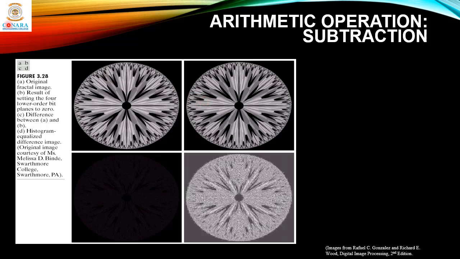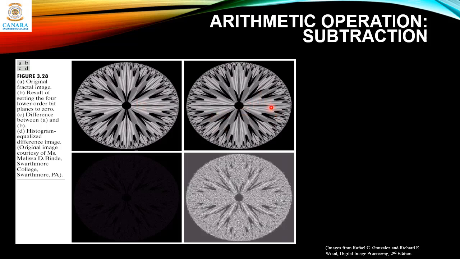So let us see the application of subtraction. This is the original input image, an 8-bit fractal image, and if you set the 4 lower order bit planes to 0, you will obtain this image.